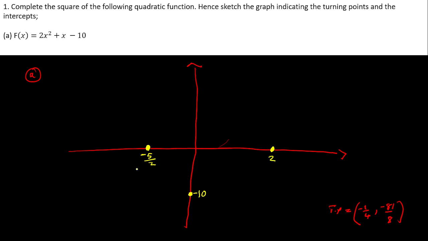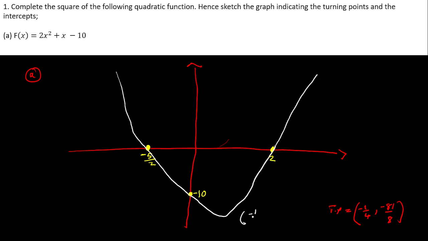Then it goes down, make a curve, which we are calling the turning point, and then it goes all the way up like that. So this is how your curve is. So your TP will be negative 1 over 4.